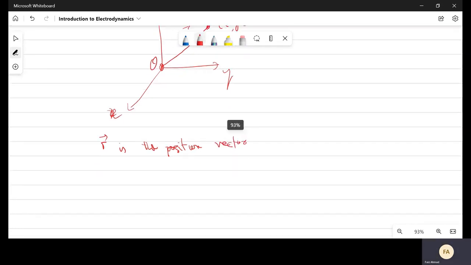And this is arbitrary. So R is x unit vector plus y unit vector plus z unit vector.